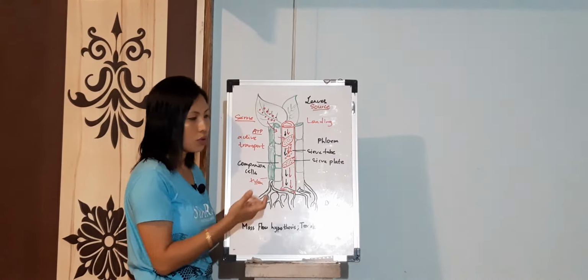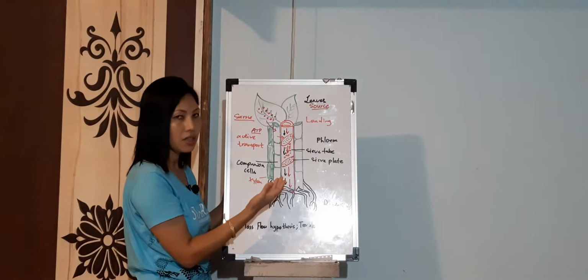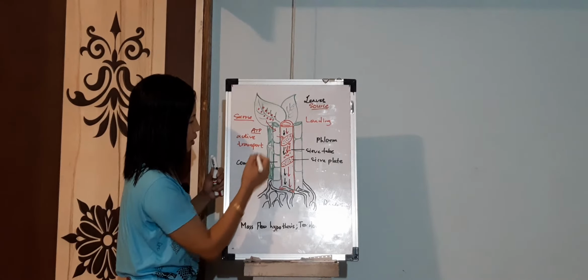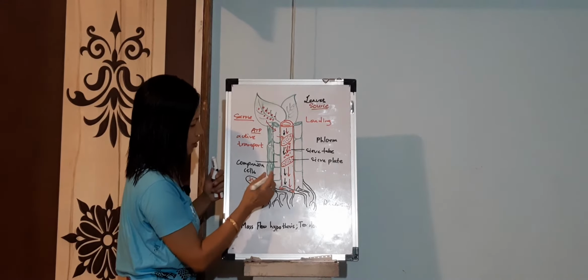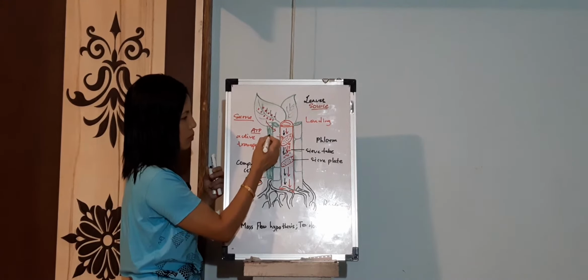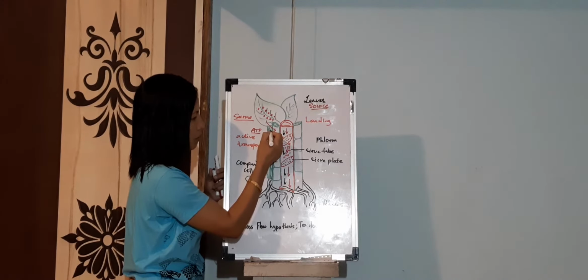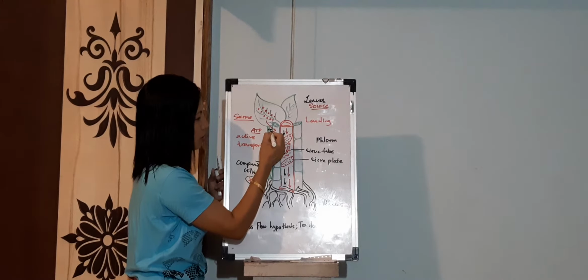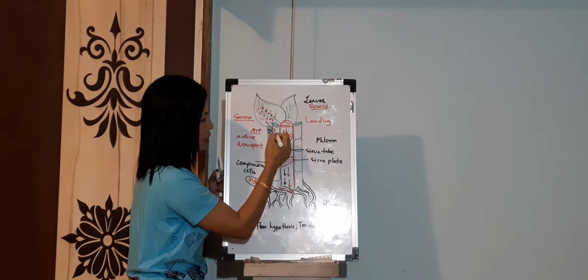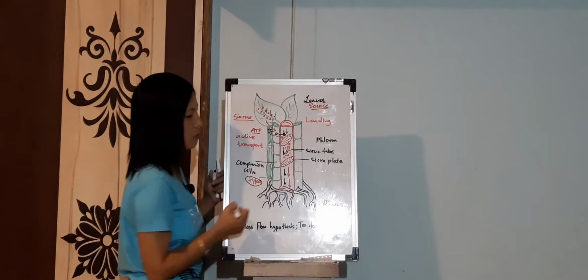Due to the hypotonic condition in the sieve tube, the water molecules present at its adjacent site, in the xylem bundles or xylem tissue, these black dots here, will also move to the companion cell and then to the sieve tubes.